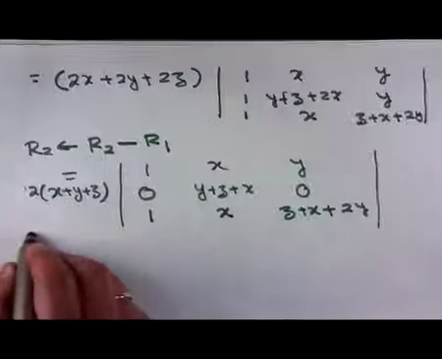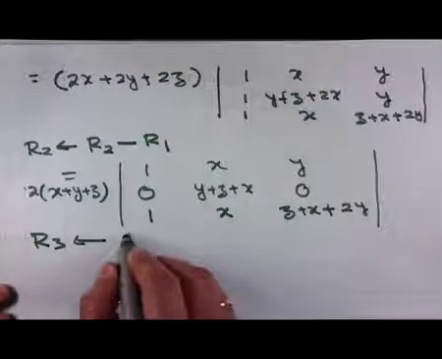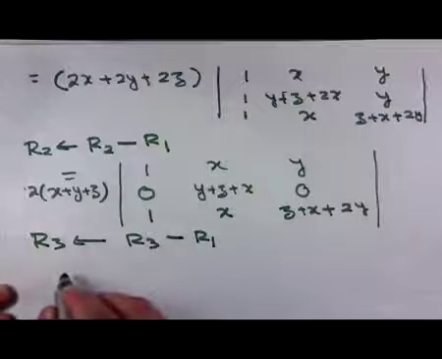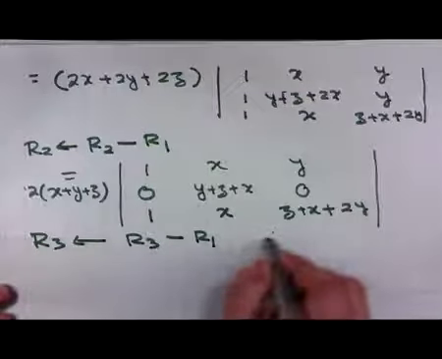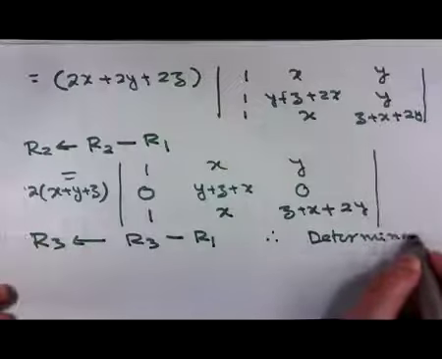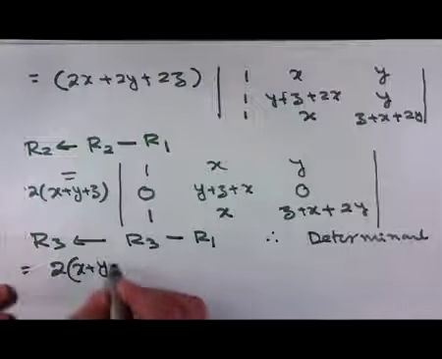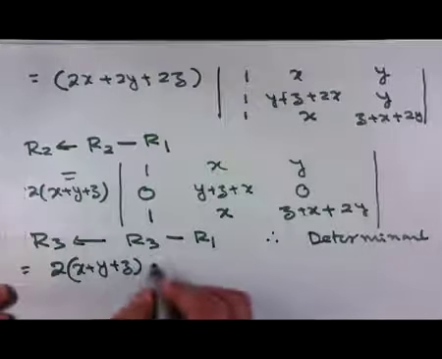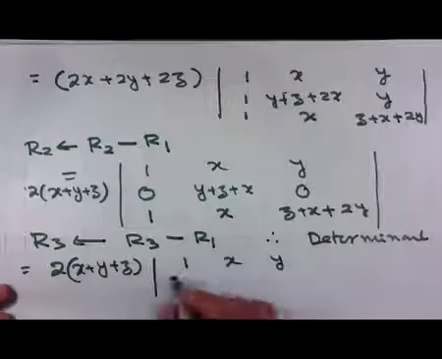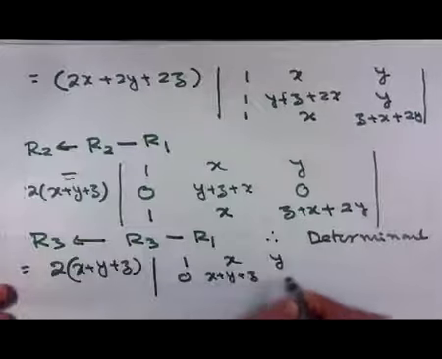Now replace R3 with R3 minus R1. What are we getting? Therefore, the determinant is equal to 2 into x plus y plus z into the determinant of 1, x, y; 0, x plus y plus z, 0.